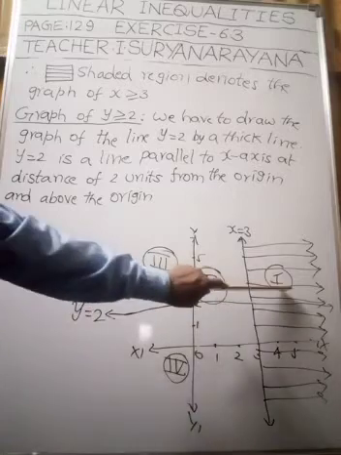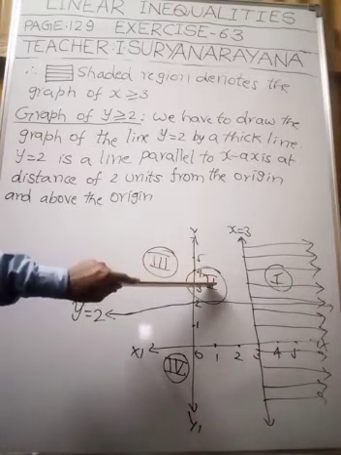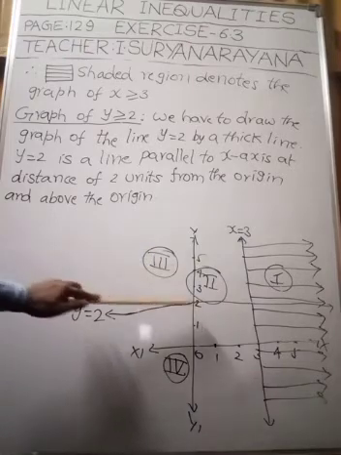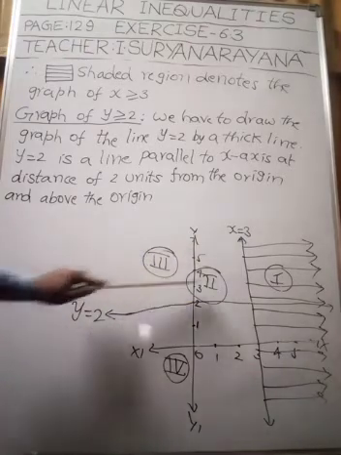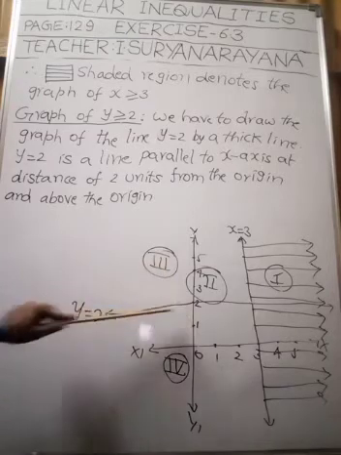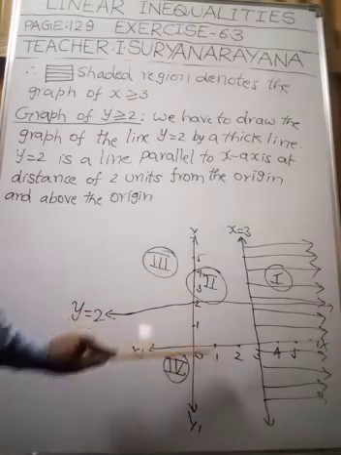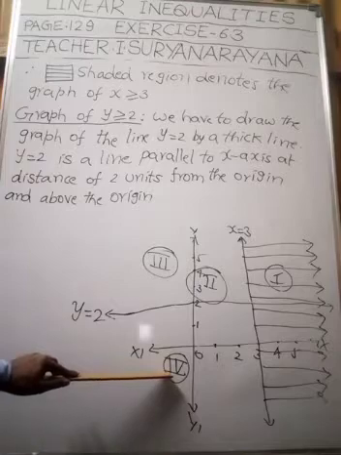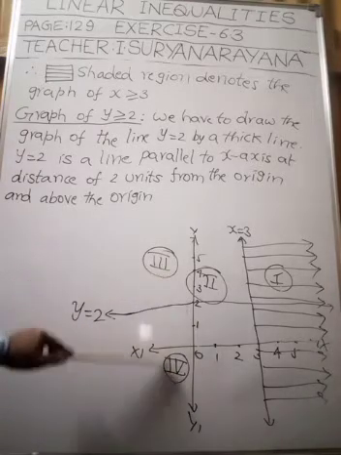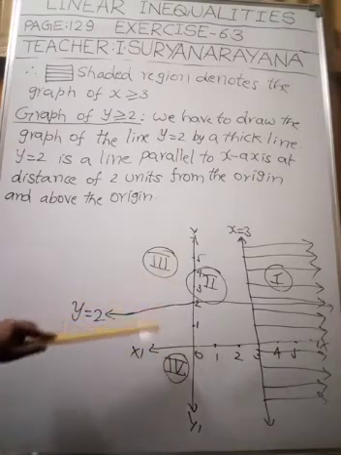We denoted them by first and second. So without confusion, I have given the names. The half plane above the line is denoted by third half plane, and below the line y is equal to 2, this half plane is denoted by fourth half plane. Okay, my children, don't be confused. These are not quadrants, they are half planes.